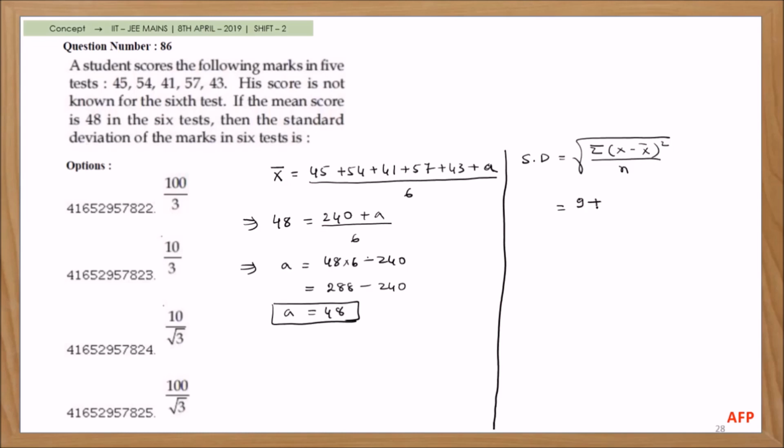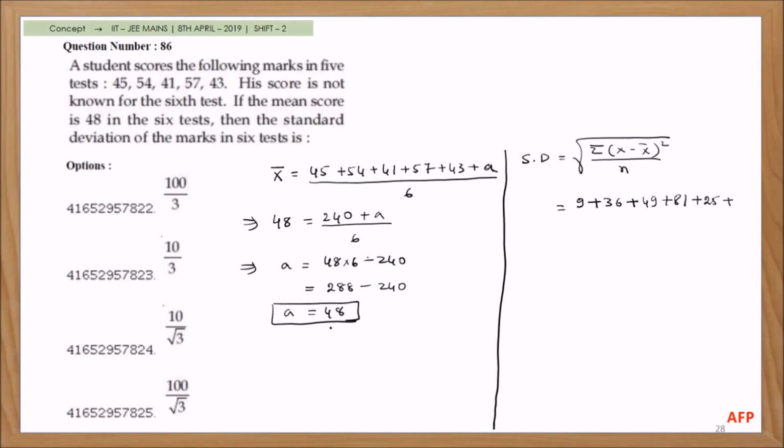Plus 48 minus 54, 6 square is 36. Plus 48 minus 41 is 7, 7 square is 49. We take the difference and square it, not a problem. 48 minus 57 is 9, which is 81. 48 minus 43 is 5, which gives 25.